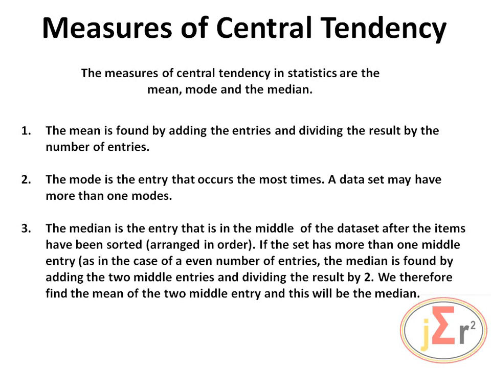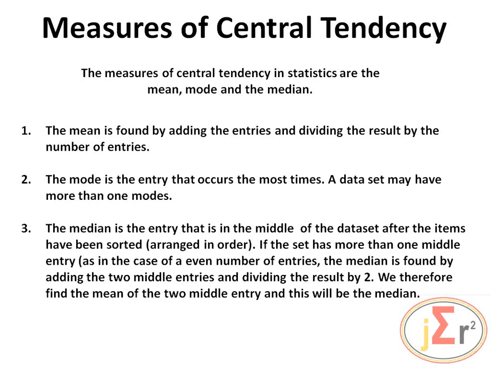A measure of central tendency is a single item of data that might be present in the set, or the members of the set may be manipulated in order to calculate that measure. It is a single parameter or value that gives an idea of what the overall set is like.